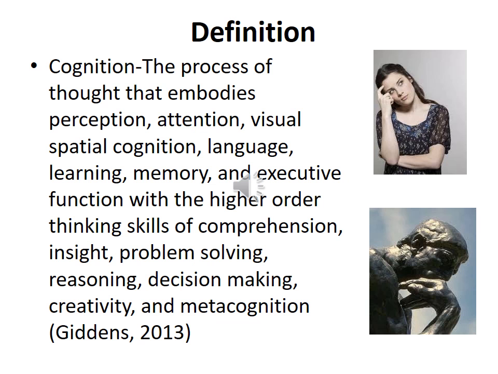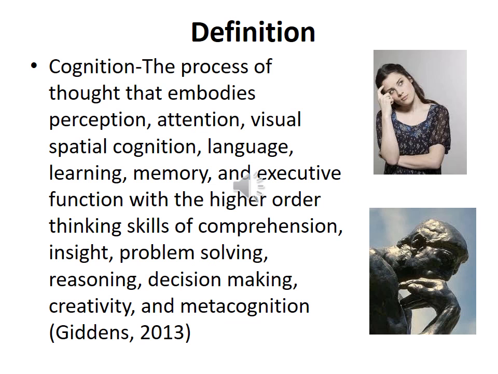So here's our definition. It's the process that embodies perception, attention, visual, spatial, language, memory, executive function, higher orders, problem solving, reasoning, decision making, metacognition. A lot of big words there, right? A lot of good words we can use in charting also. We've got to look for these things.